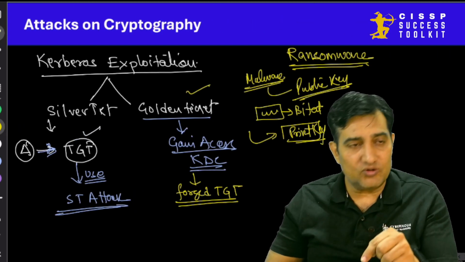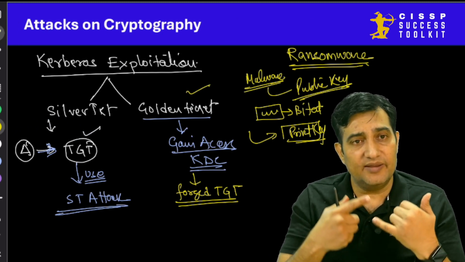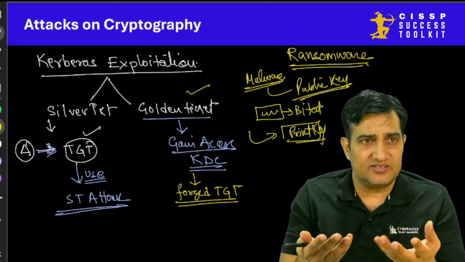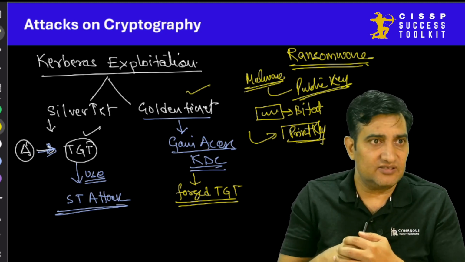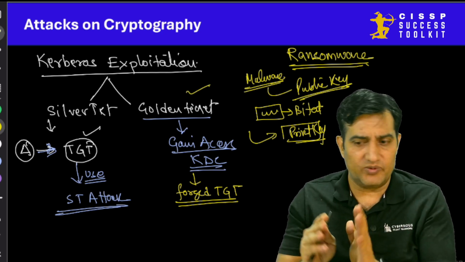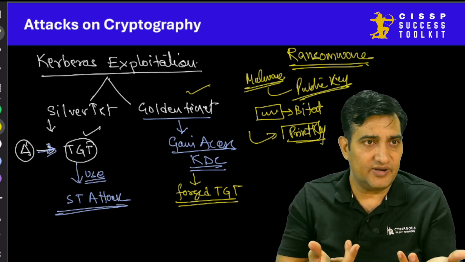Then Kerberos exploitation, two major attacks. Silver ticket, when somebody is able to gain a TGS which is actually meant for somebody else, right? You can use it just like pass the hash. In this case it is not a hash, it is an encrypted ticket. That is the only difference.